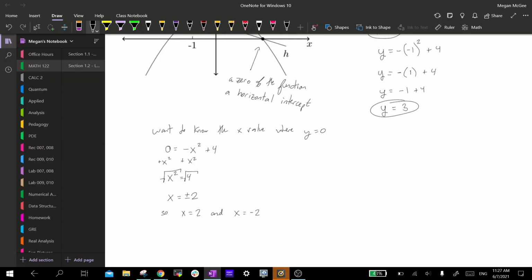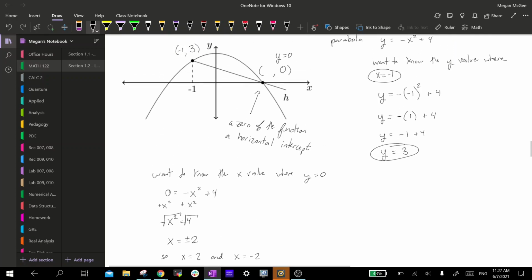So we have 2 answers for this problem. Well, if we come back and look at our parabola, we see that we have y is equal to 0 at 2 places. So that makes sense that we have 2 answers, okay?